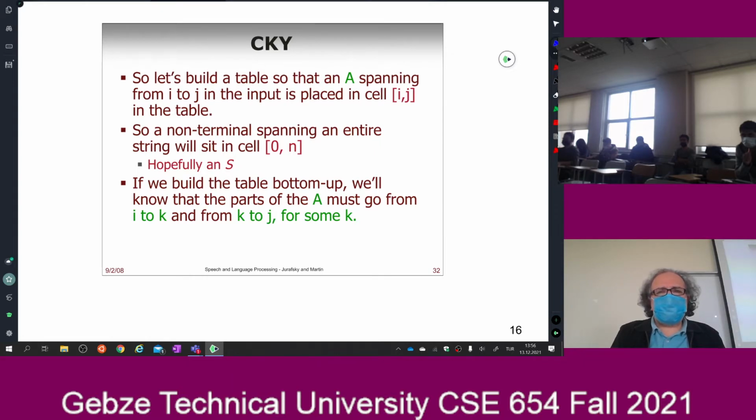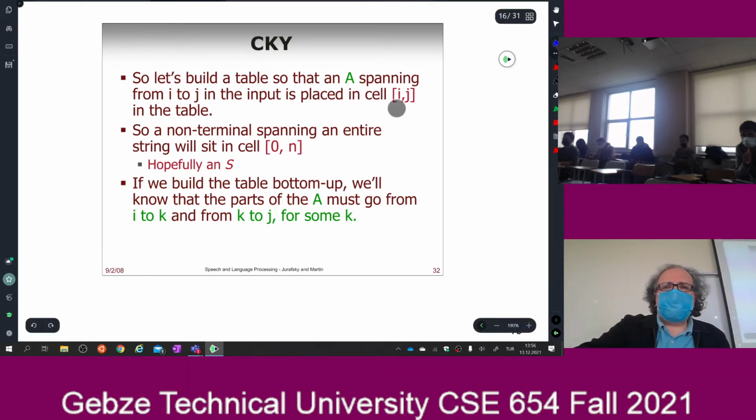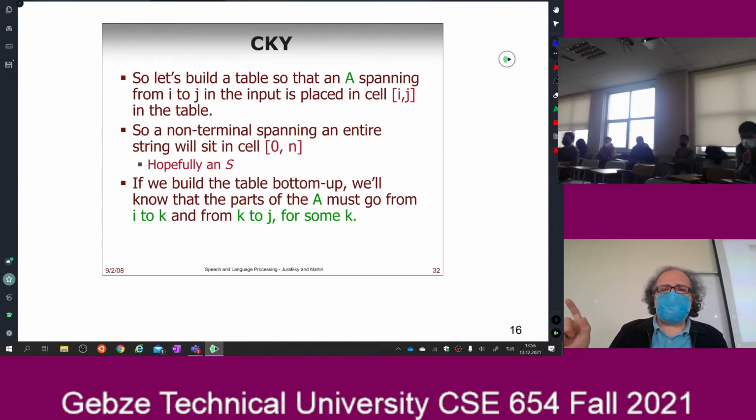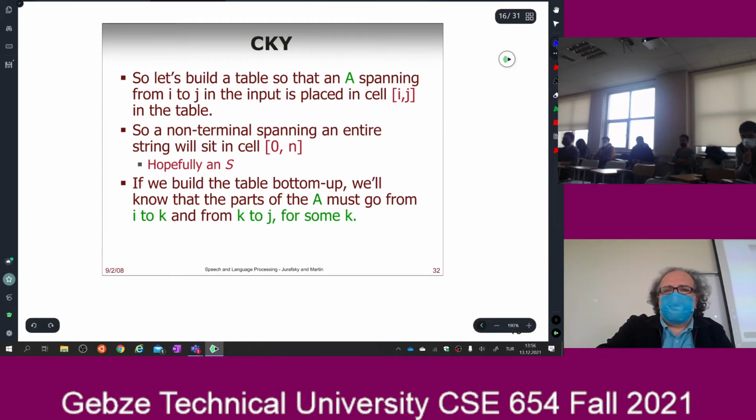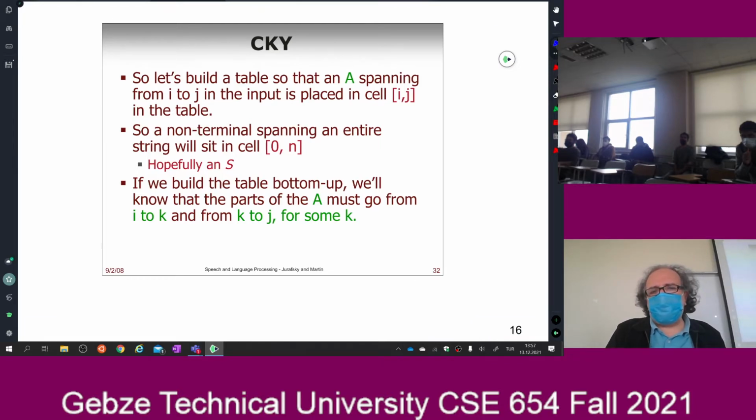Cell ij means: what kind of constituent can I put between i and j? So hopefully in the cell 0n there is an S, because 0n means that from the beginning of the sentence to the end of the sentence, I can produce an S. That's what it means.